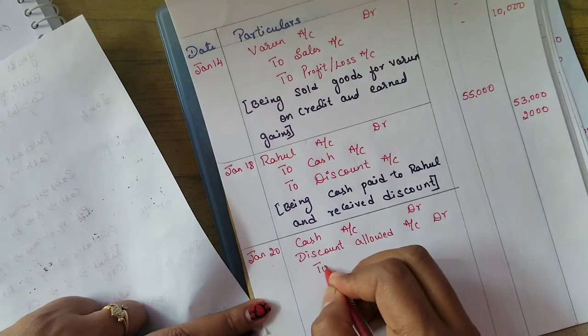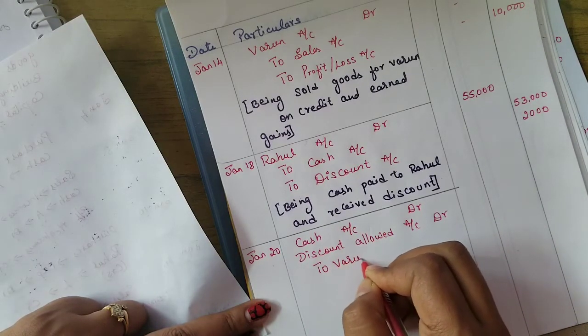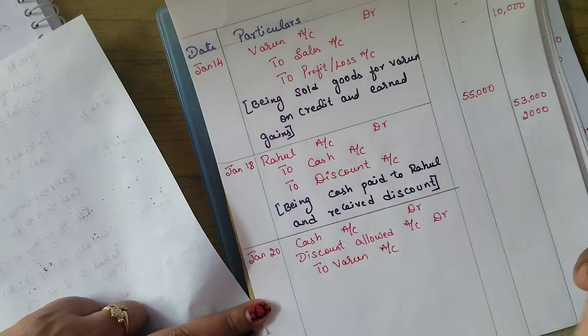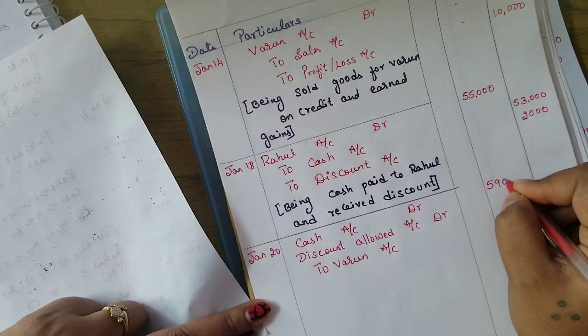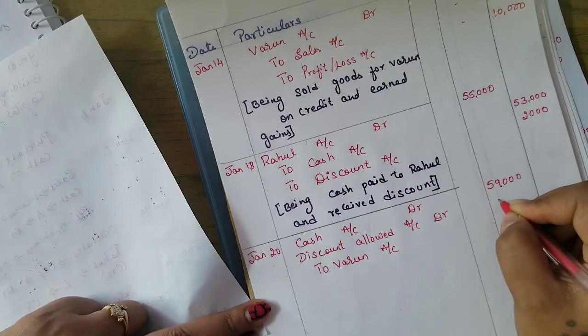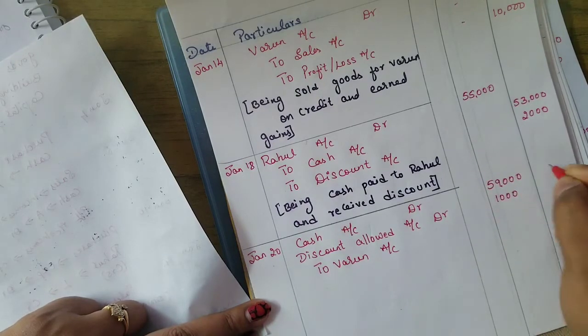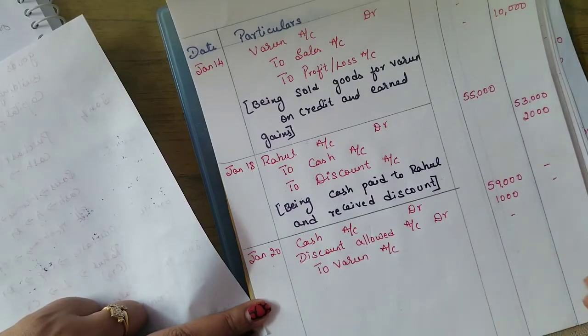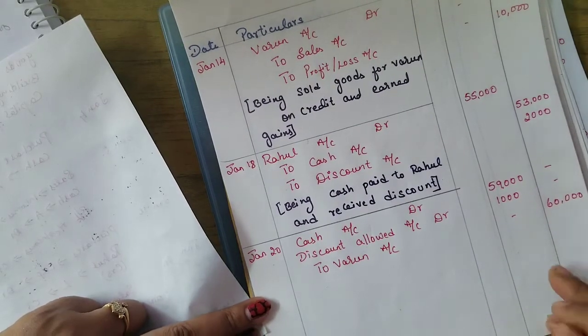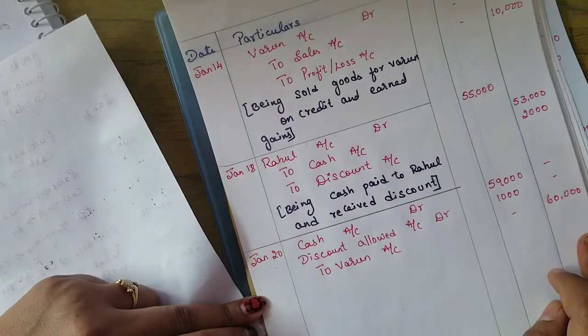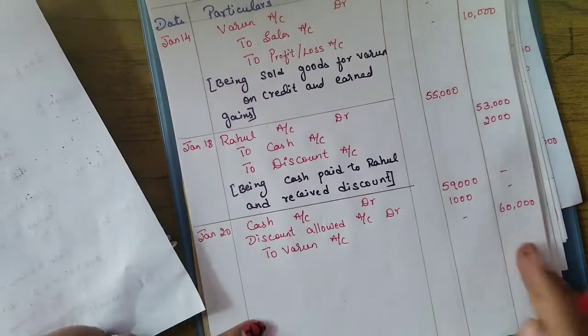Debtor to Varun account. Now how much actual cash we have received? 59,000 we have received. And 1,000 we have given as discount. So in Varun's account, according to Varun, that is 60,000 he has to pay actually. So that we are going to show here. Okay.